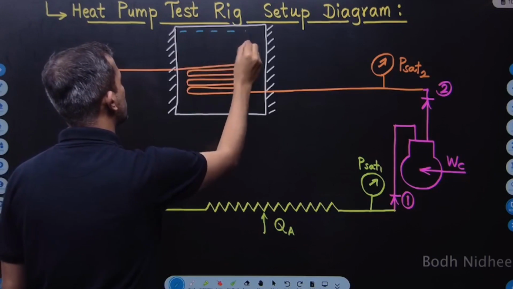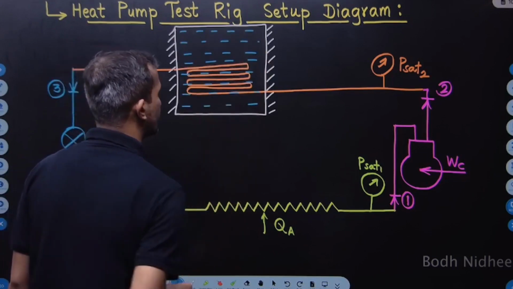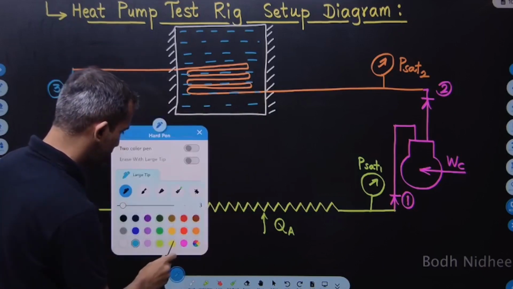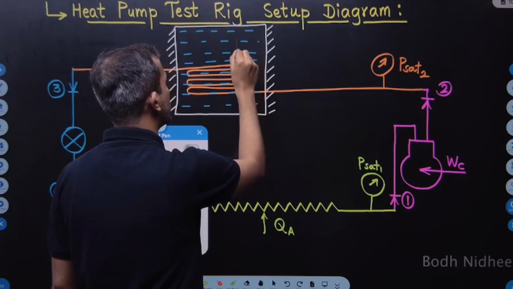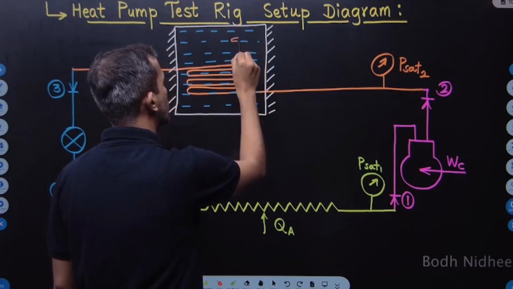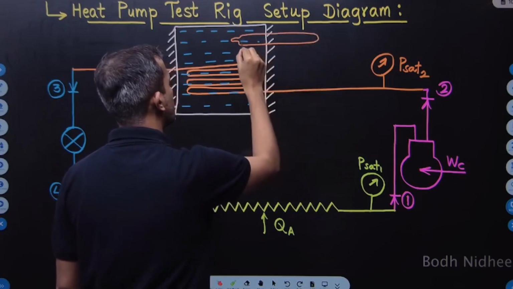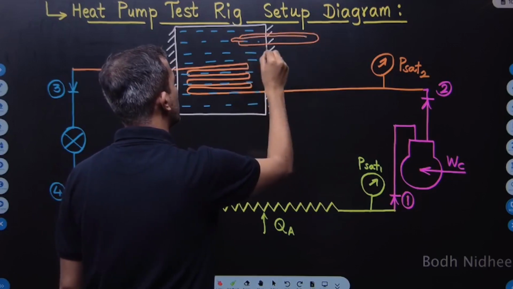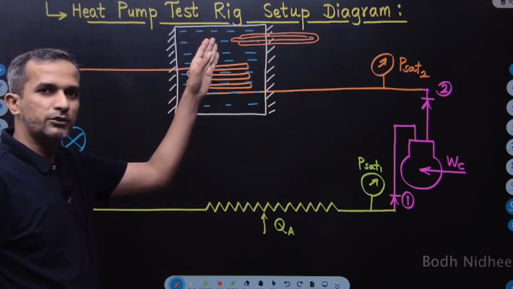We'll put a known mass of water into this, and we'll put a thermometer here in the coil to measure and monitor the temperature of this water. Symbolically I am showing the thermometer like this, but of course that will not be a mercury type of thermometer, right? So there is a thermometer which will monitor the temperature of the water.